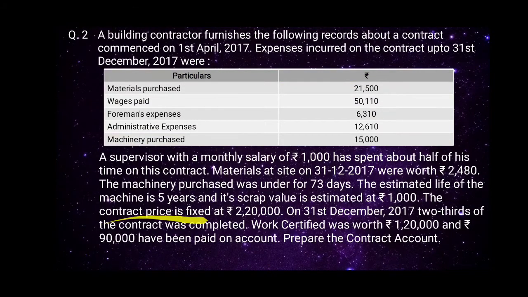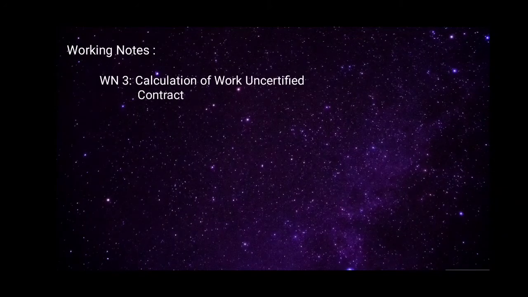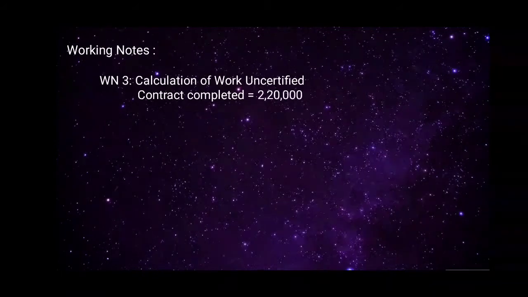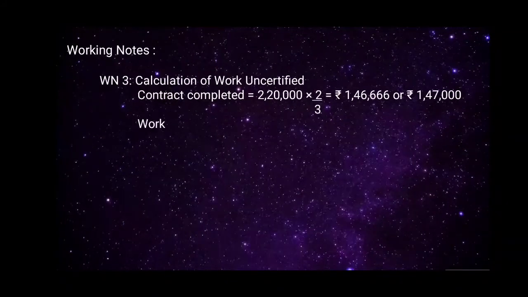The contract price is fixed at rupees 2,20,000. On 31st December 2017, 2/3 of the contract was completed. So let us now calculate work uncertified. So we have to prepare working note number 3. Calculation of work uncertified. Contract completed is equal to 2,20,000 into 2/3, which is equal to rupees 1,46,666 or 1,47,000.